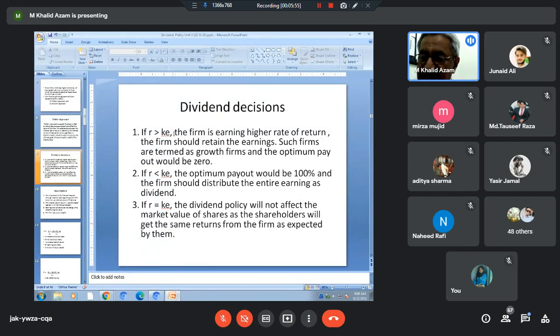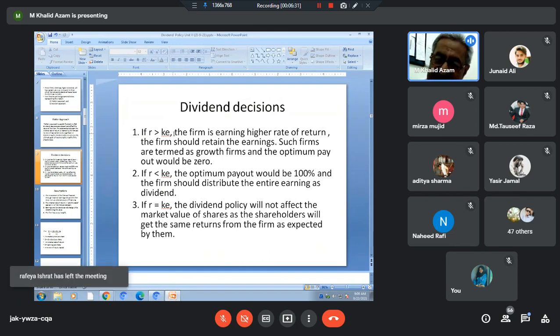So we have to calculate the price of the share under different conditions. Try to understand this point. What are those conditions? When you are going to pay dividend, what is its effect on the price? Number one. When you are going to pay more dividend, what is its effect on the price?